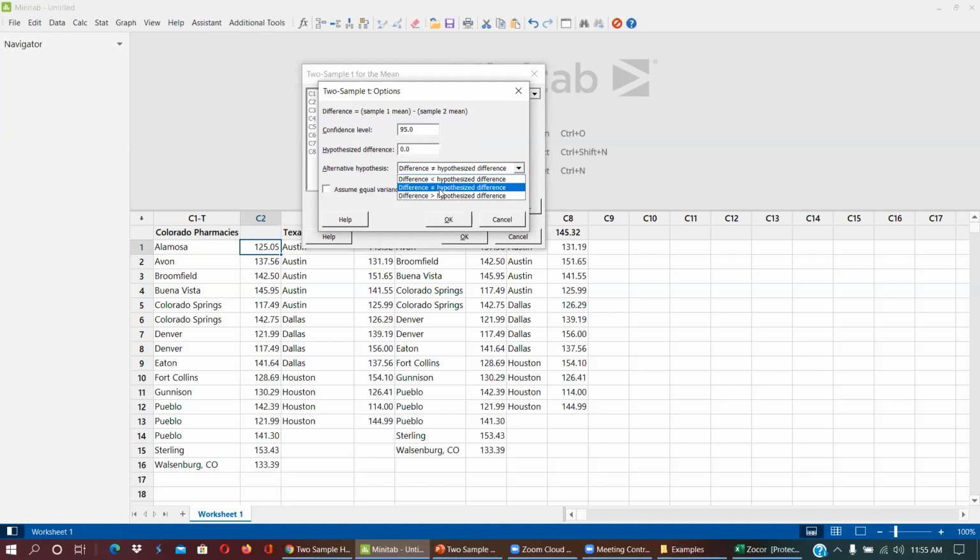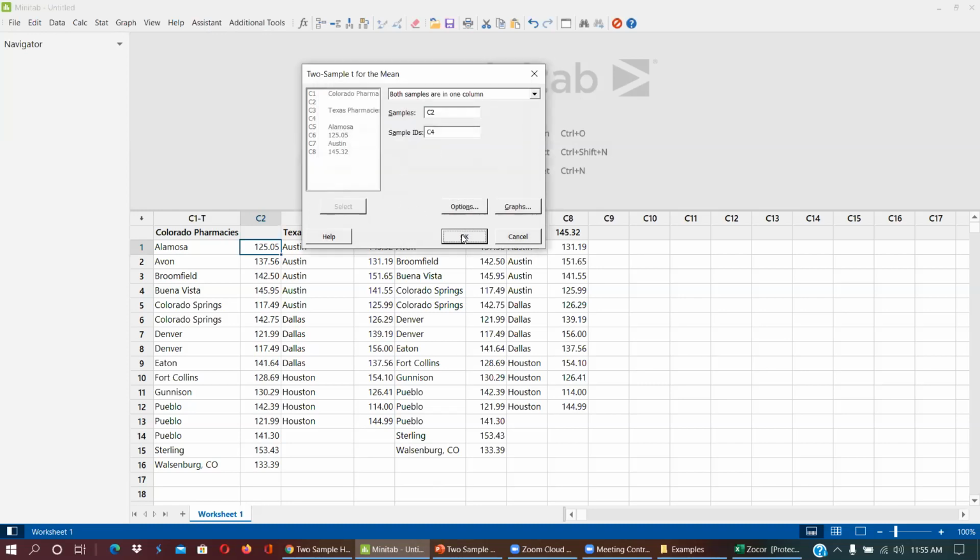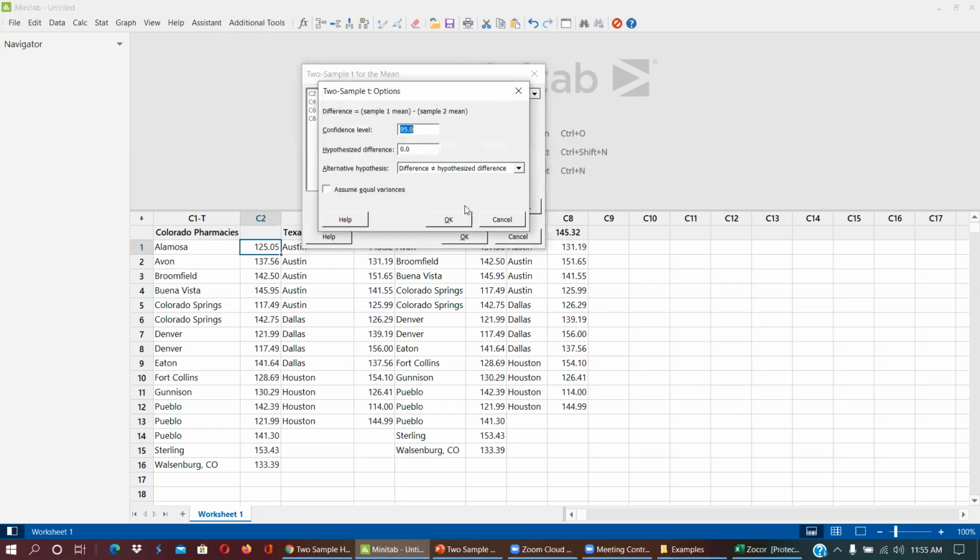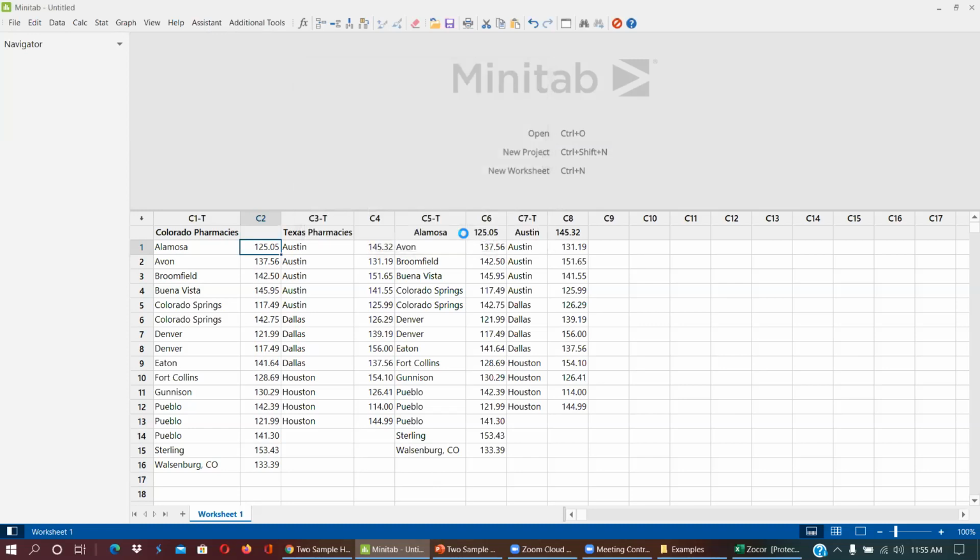We are checking equal or unequal, so basically this is unequal. Here we have assume equal variance or don't assume. So my first sample is in C2 and the second sample is C4. Options are right there, and now I'm going to run it.